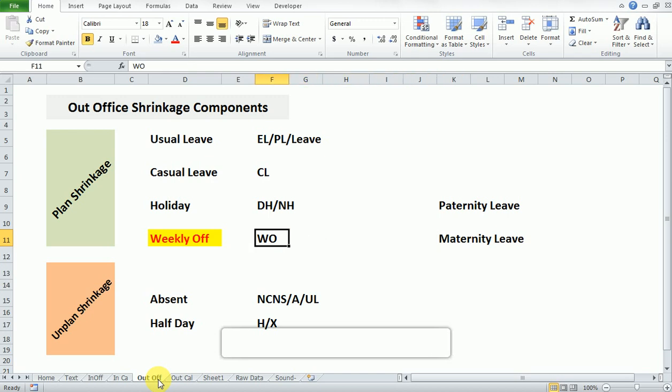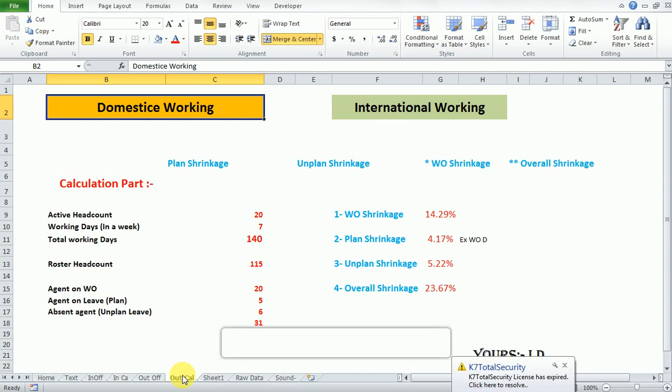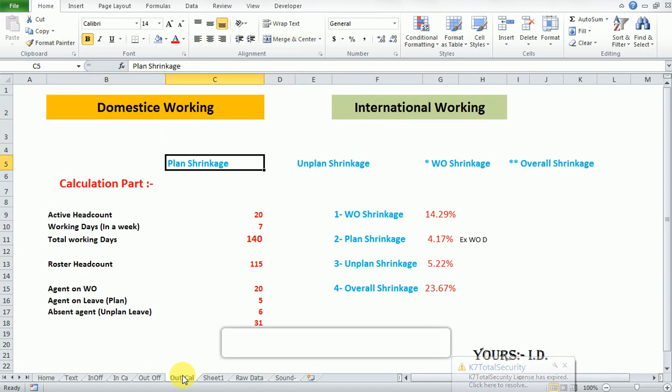Okay, so let's move to the calculation for this. You may see domestic working and international working. There are two types of business: domestic business and international business. So what will be the impact of this? Let's see the calculation part.